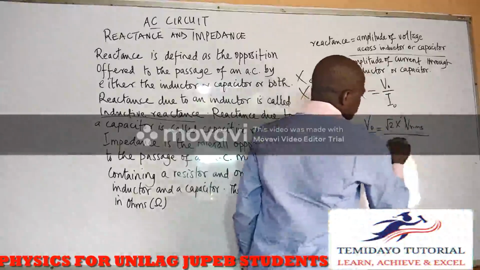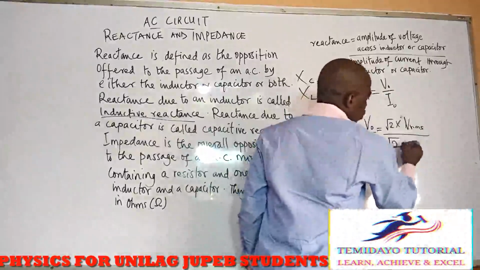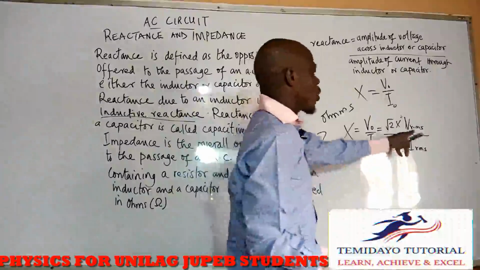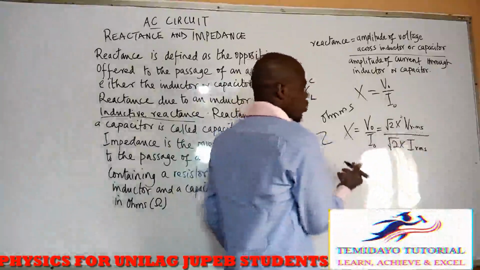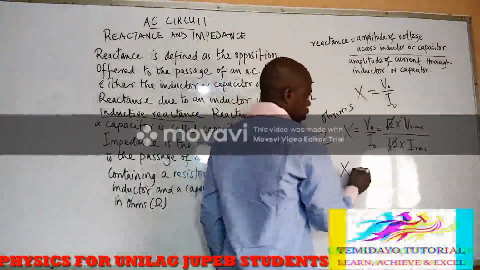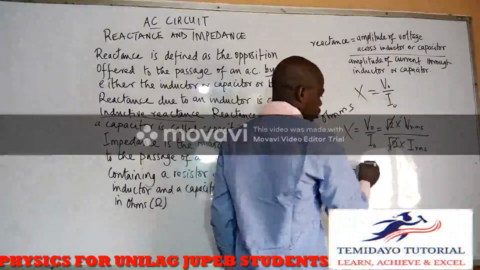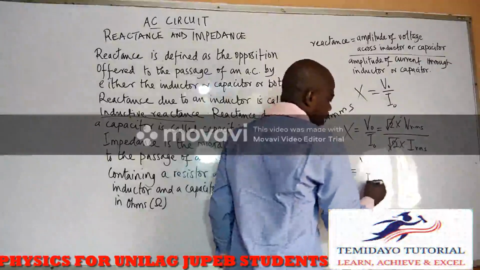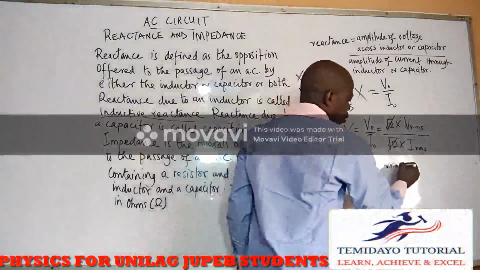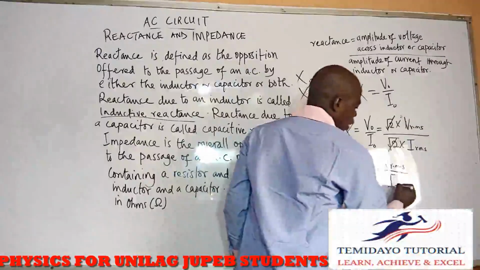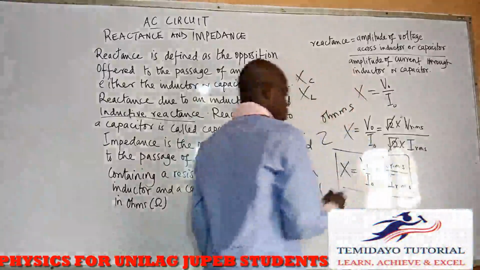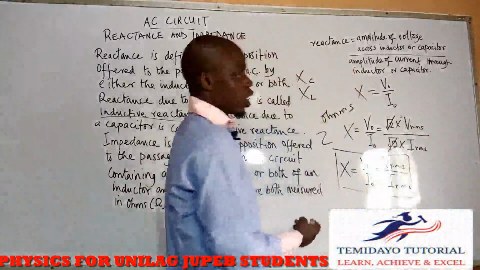The same thing, divided by the square root of 2 multiplied by I RMS, that is the root mean square value. So the square root of 2 cancels the square root of 2. That means our reactance can be V naught over I naught, and it's the same thing as V RMS over I RMS.